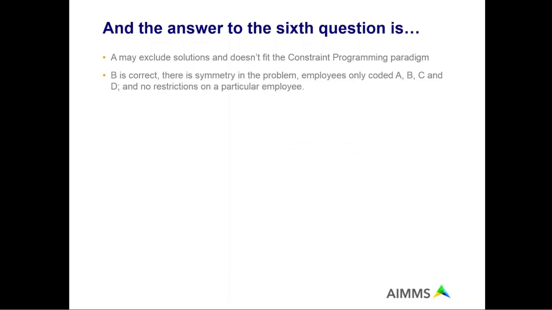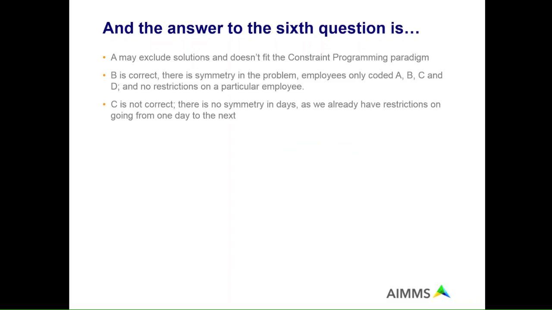And C is not correct. There is no symmetry in days because we have restrictions going from one day to the next, so we can't arbitrarily reorder the days. As A and C are not correct, D is neither, and B is the remaining correct answer.